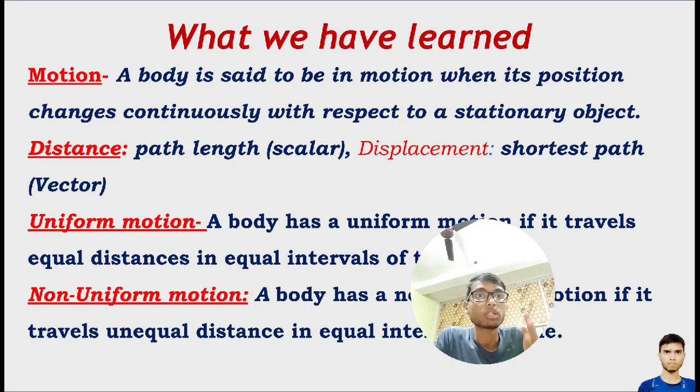When an object moves, it changes its place, its position. This is the meaning of an object which comes into motion. A body is said to be in motion when its position changes constantly with respect to a stationary object. This is in book language.